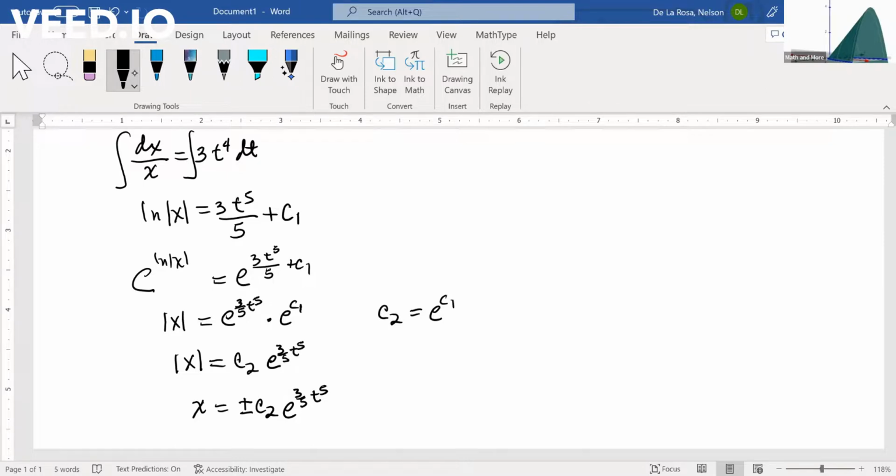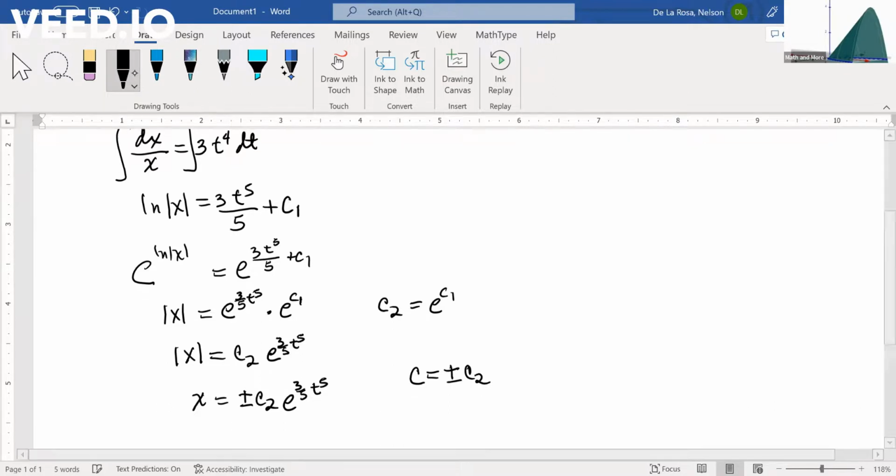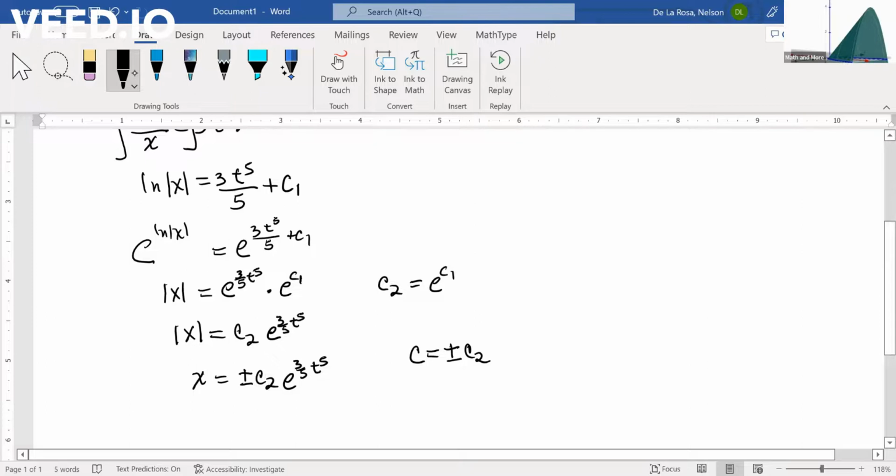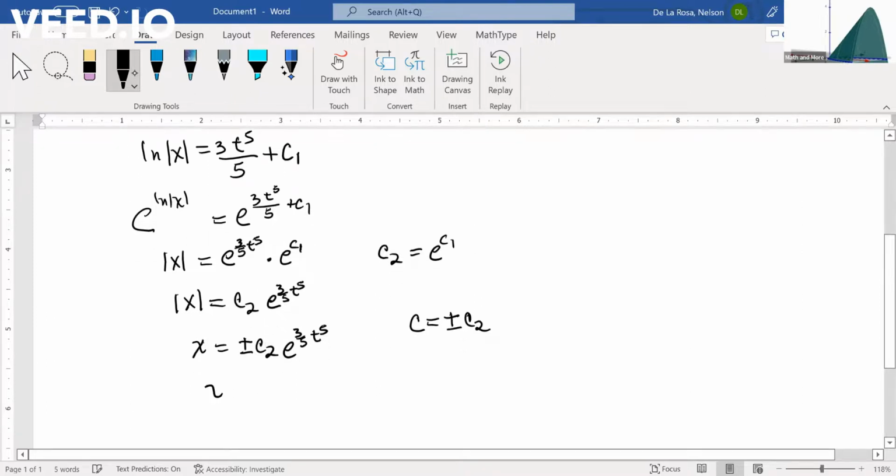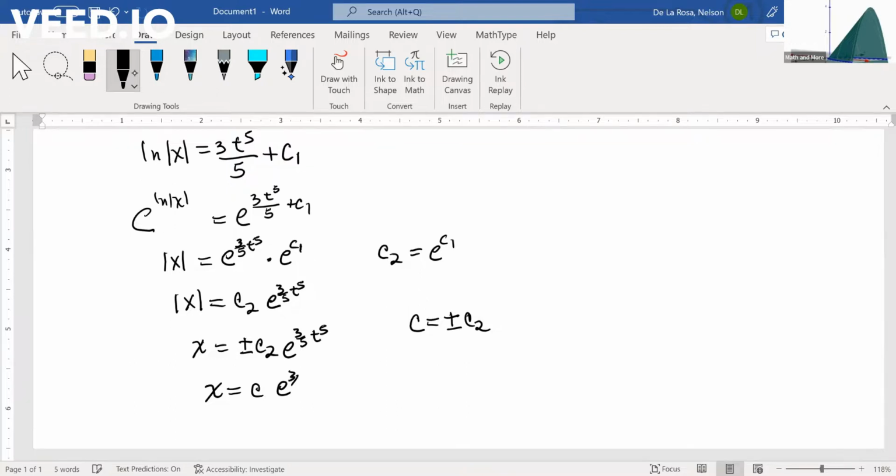So encompassing both positive and negative c2 in a constant, we can call c as positive and negative c2, and then rewrite our solution in explicit form as c e to 3 over 5 t to the 5th. So this is actually our explicit solution as x is isolated.